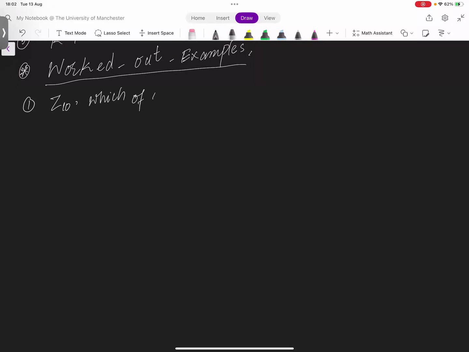Which of the following equivalence classes are equal?